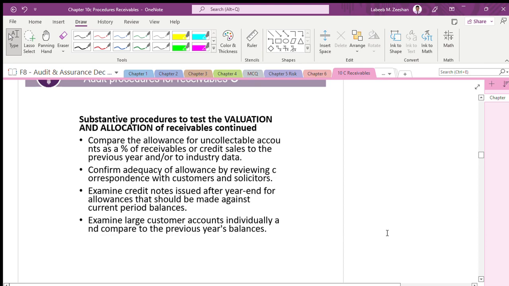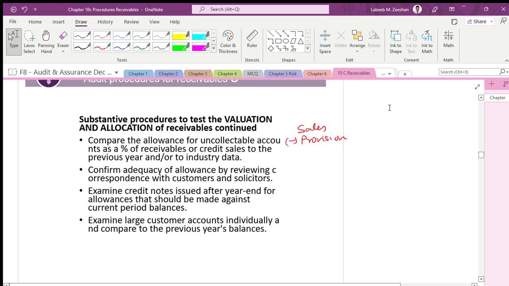Compare the allowances for uncollectible receivables. Now you can understand what I am saying. It's not difficult at all now. It takes a little bit of time initially. What it says is compare the allowances. We are not talking about the bad debts, is it right? We say what is the sales and what is the provision.